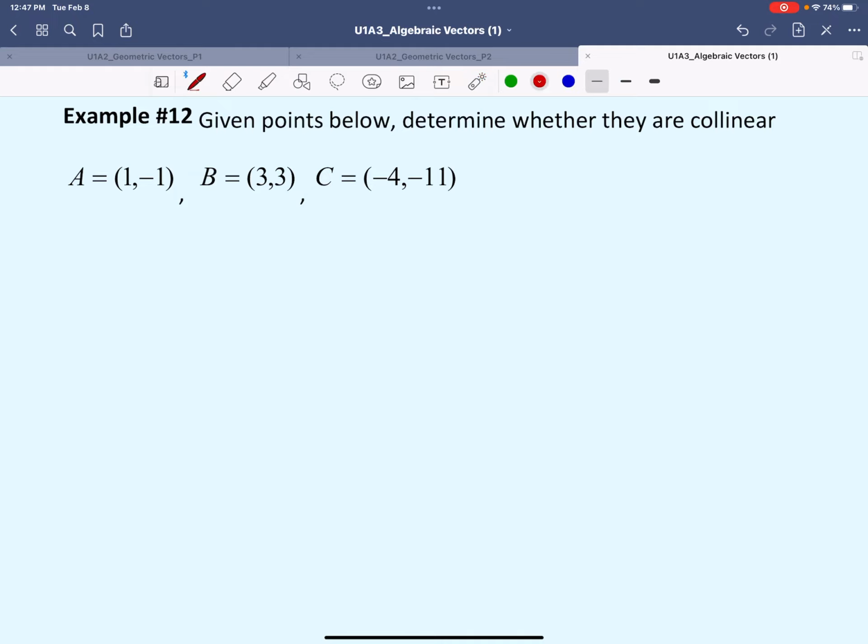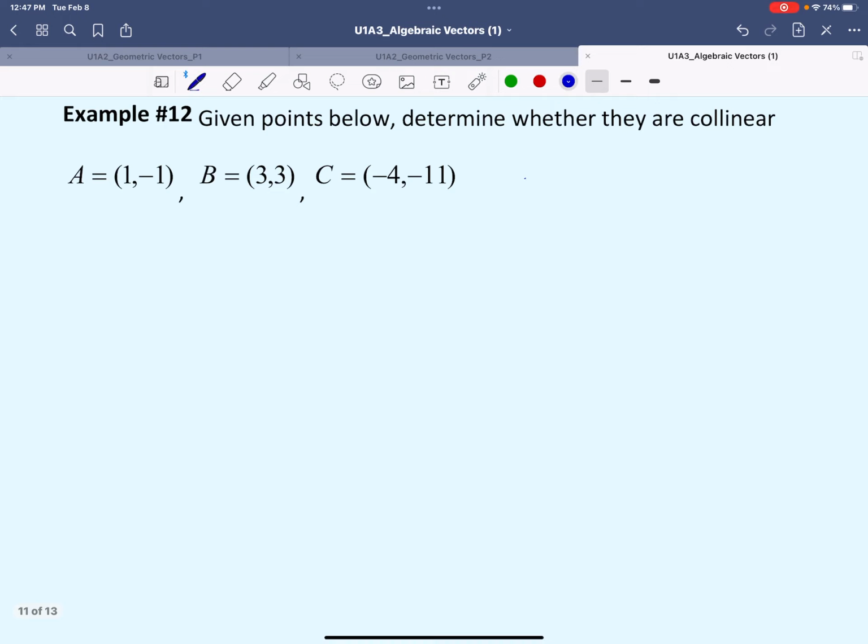Now remember that if you have 3 points, and I'm just going to draw some random sketches in here. So if 3 points are collinear, for example, we have the points A, B, and C, all lying along the same line, not necessarily equidistant to each other.